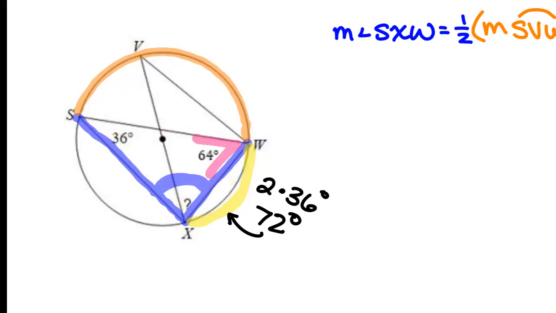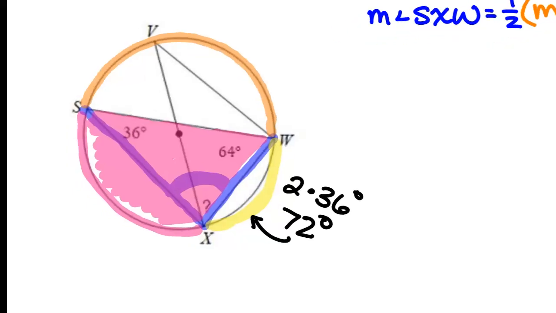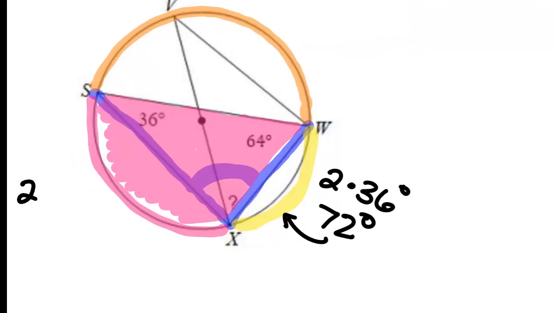And then we also know this angle right here, so I'm going to follow that out to see what is the arc that it is intercepting. That's this arc right here, SX. SX is going to be twice as big as the angle, so 64 degrees times 2. That gives me 128 degrees for this arc.